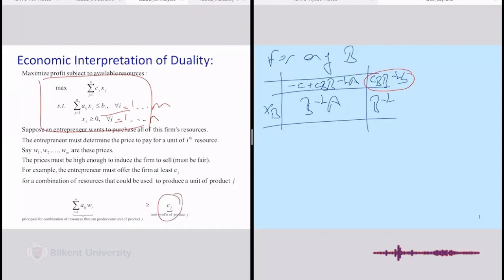So this is what I get for each product j, that's the profit. And the product j is using Aij from the ith resource.